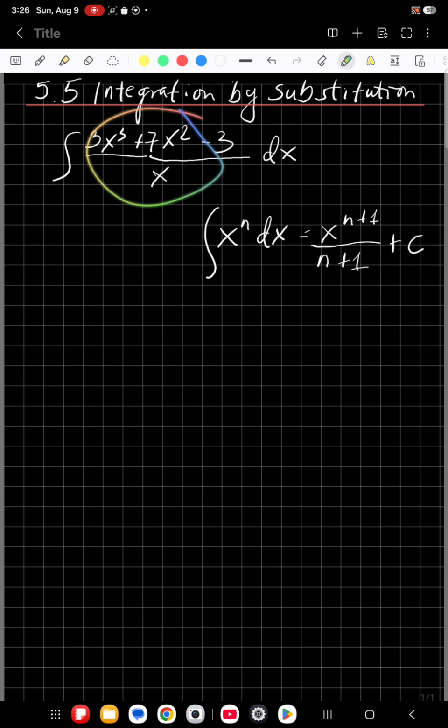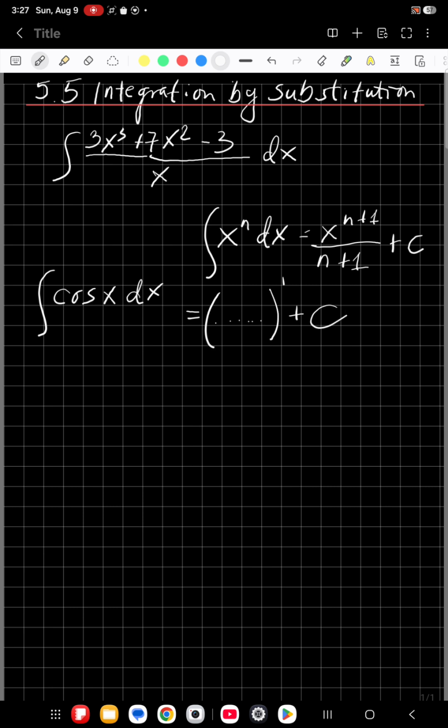We know how to do things like that. We also know how to do simple trigonometric functions, like the integral of cosine x. Let's look at that one: cosine x dx. The way I think about it is, I need a function, plus c, that if I take the derivative of it, I would get back this.